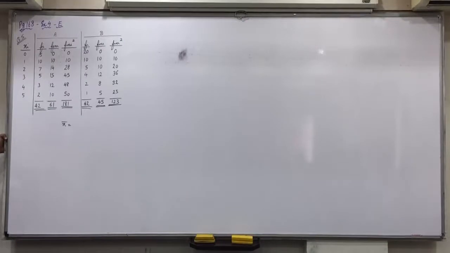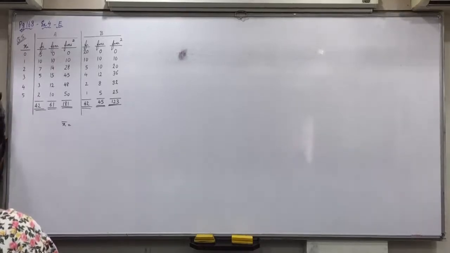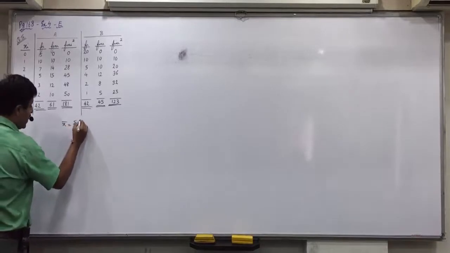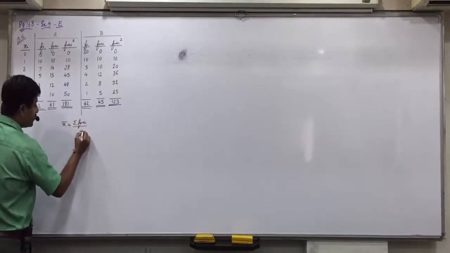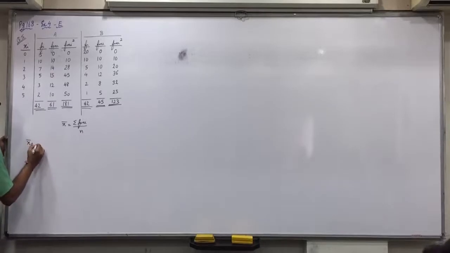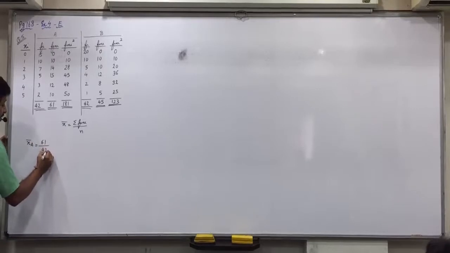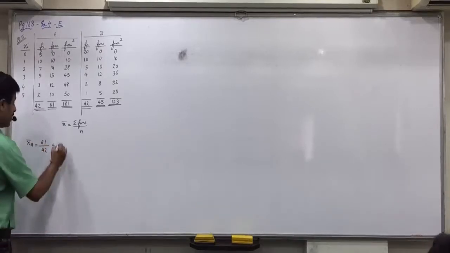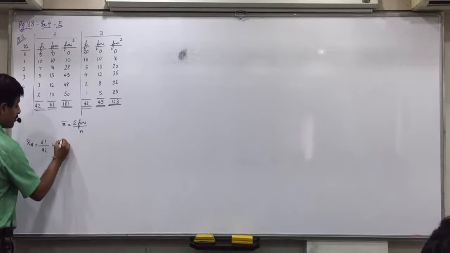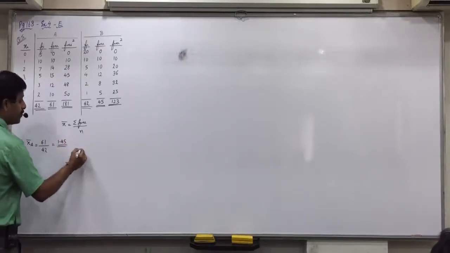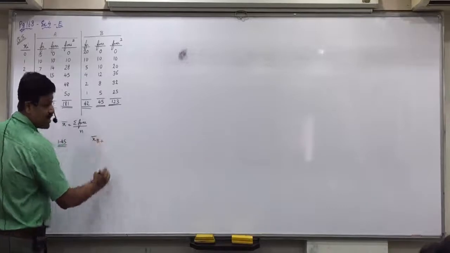The formula is sigma fixi upon n. Now for team A, sigma fixi is 61 upon n, which is 42, the total of fi. 61 upon 42 is 1.45.